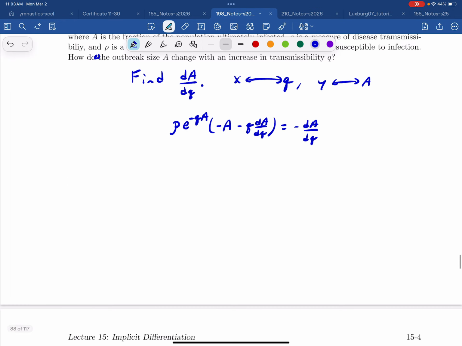And then when we simplify this out, we're going to get negative rho A e to the negative QA minus rho Q e to the negative QA dA over dQ equals negative dA over dQ.